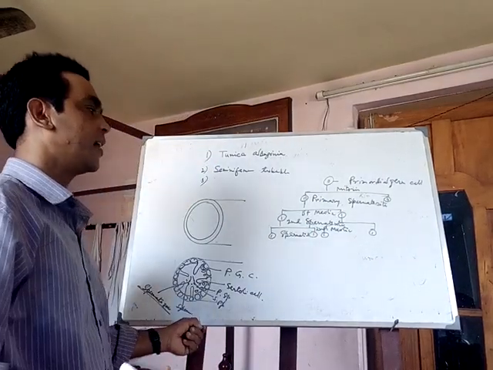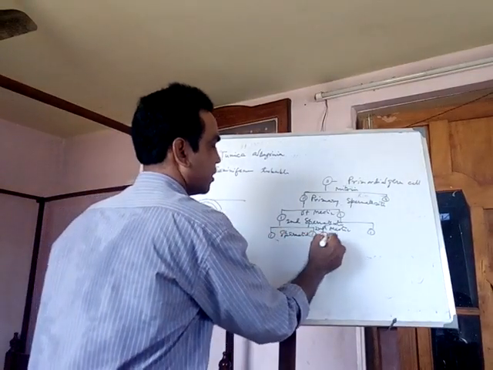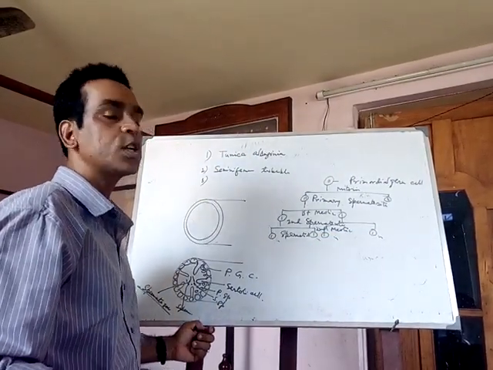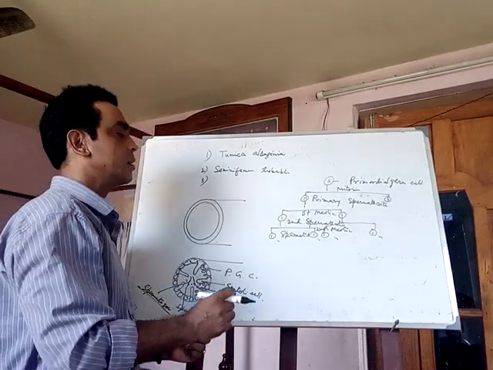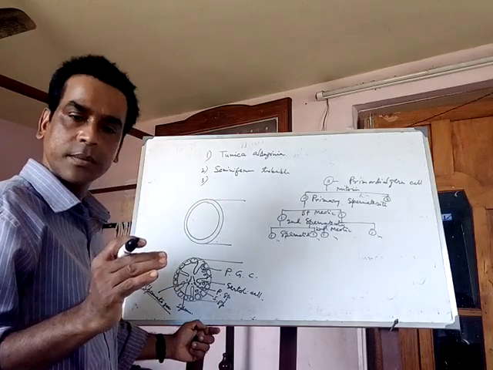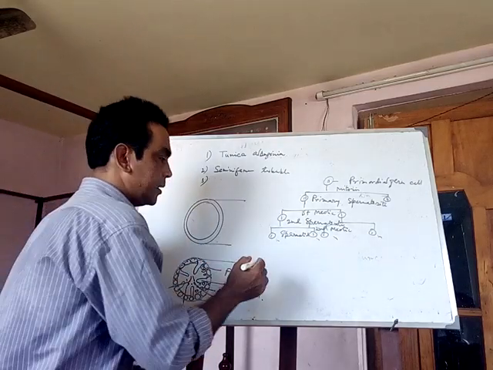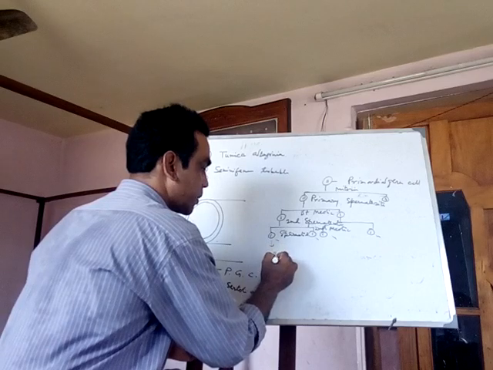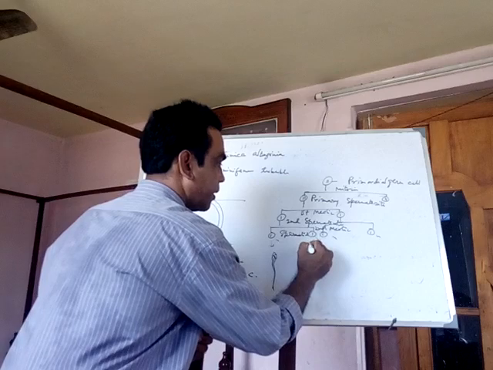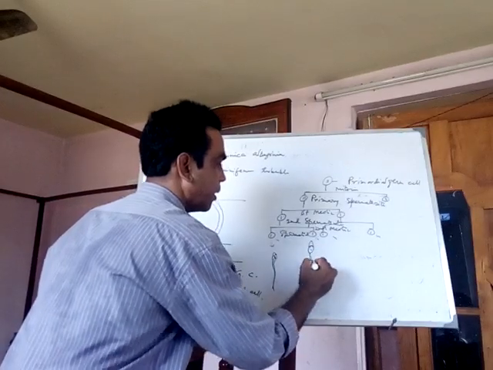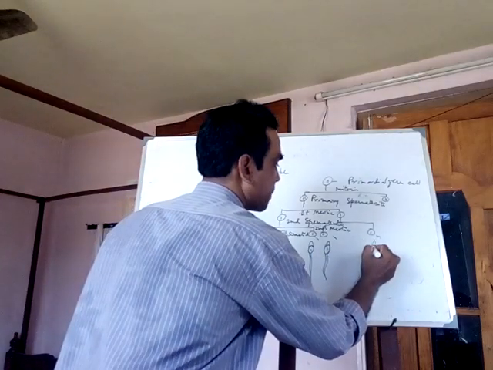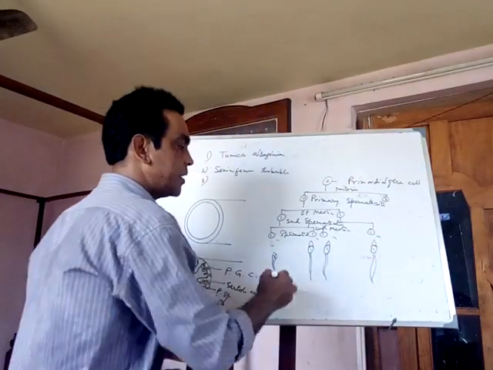Spermatid is the haploid male gamete, but it is not motile because it does not hold the acrosome cap and the tail. Then it is formed with the acrosome cap and tail, the acrosome cap and the tail, and the haploid nucleus, and it is called spermatozoa.